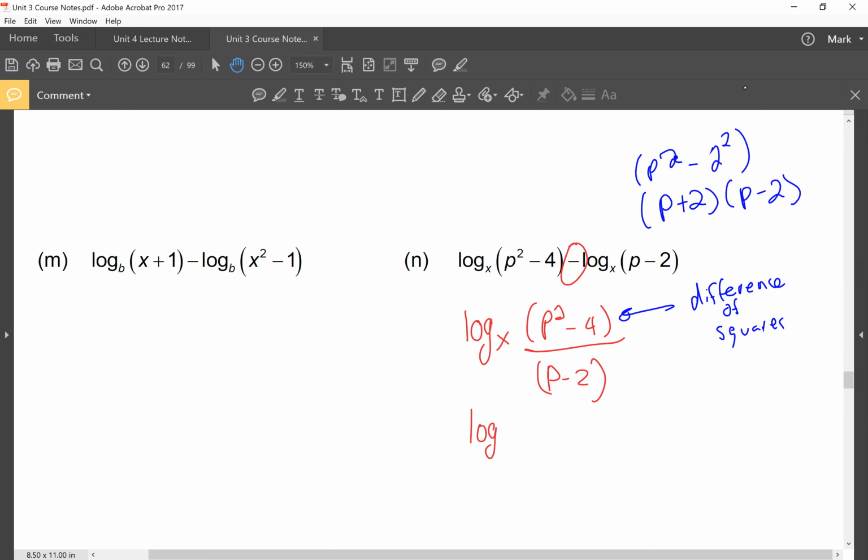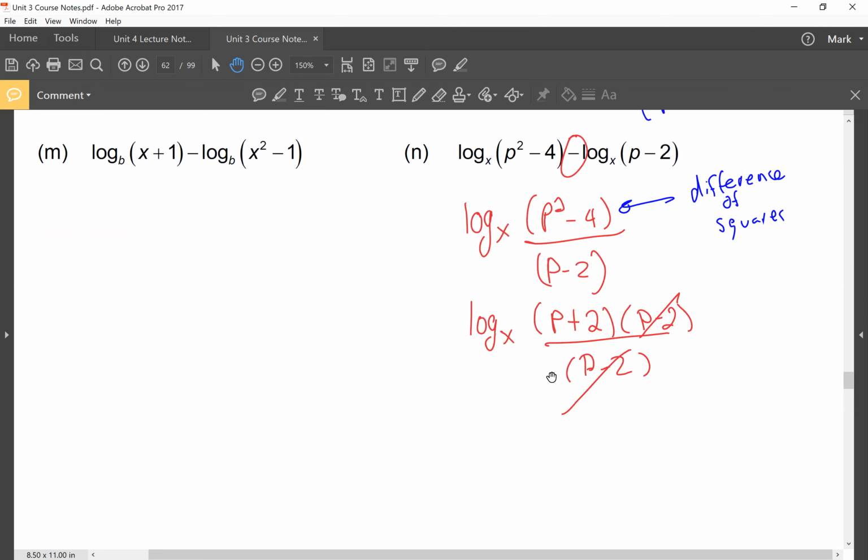It's so important because you'll notice we're doing it again in other topics. So this would be p plus 2, p minus 2 over p minus 2. And the beautiful part about factoring is we can get rid of these. I love it when these questions have a lot of room. Done. All right, cool.